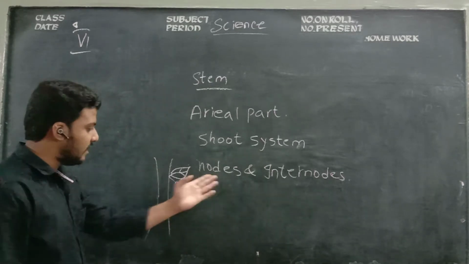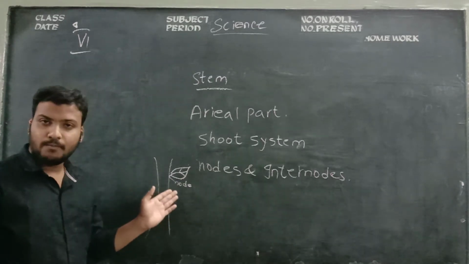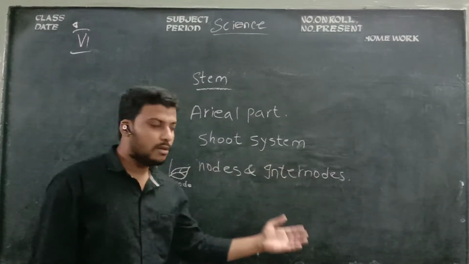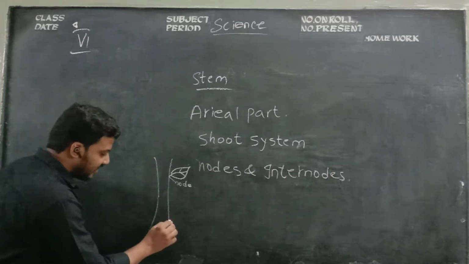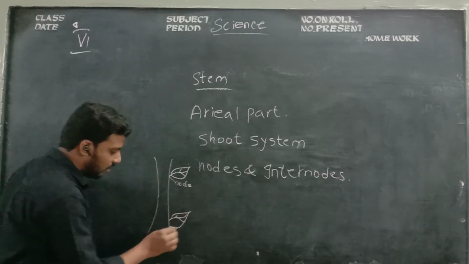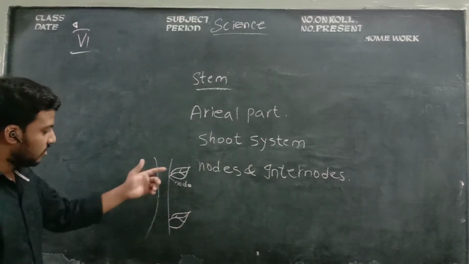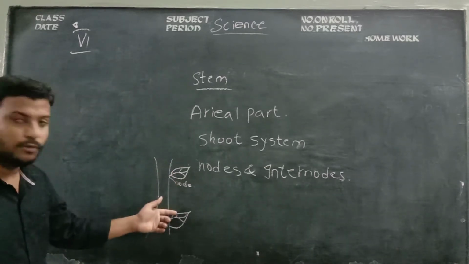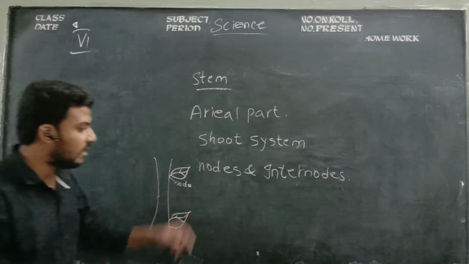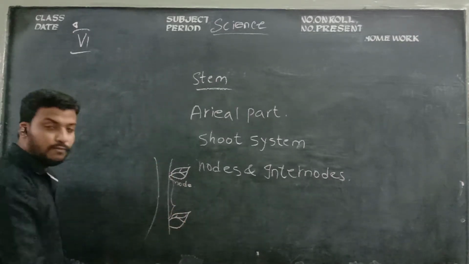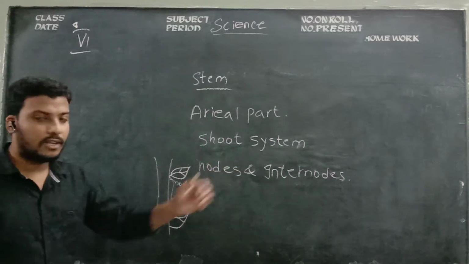Simple, children. And what are internodes? Internodes are nothing but the successive length between two leaves, children. These are the two leaves. So the distance between two successive leaves is known as the internode. From one leaf to another leaf, the distance is the internode.